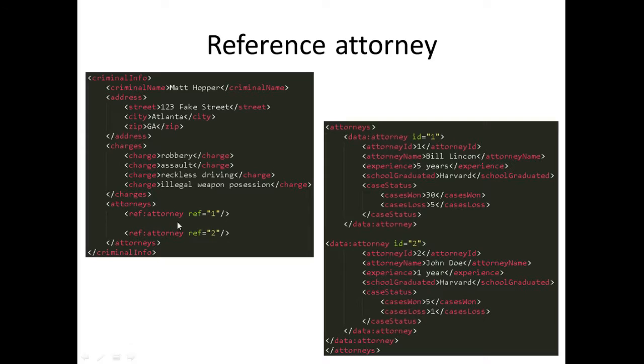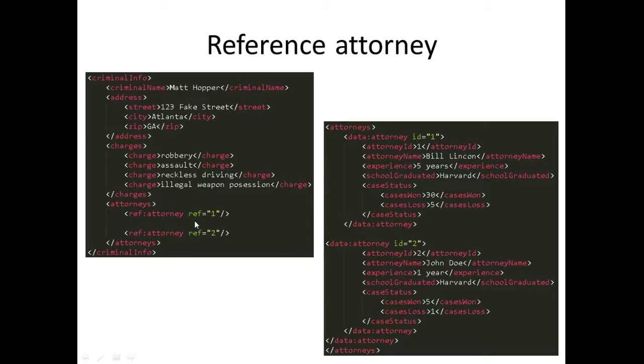This ref tag is used to refer to another element. So let's just say this attorneys is somewhere in the same XML, and basically I want to reference this attorney here.